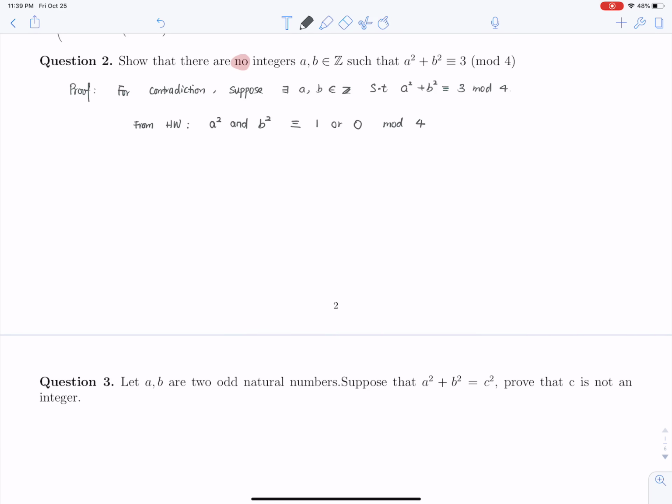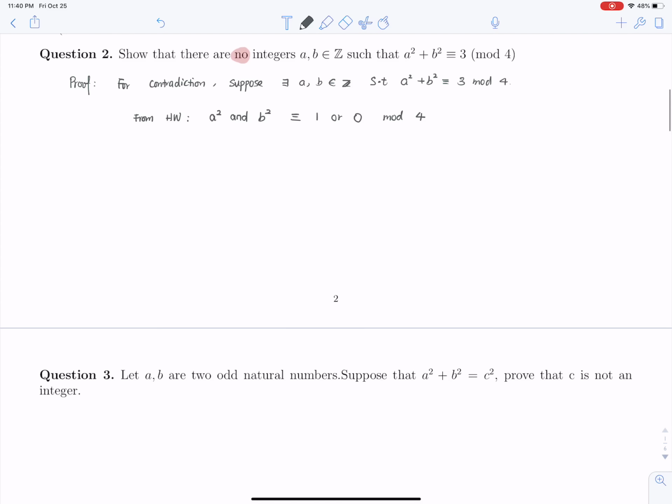But during your test or quiz or exam, you cannot use something from your homework directly, so make sure you know how to prove this. Check the solution. A lot of you actually did okay on this question, but I do want you to check the solution posted on Quercus.